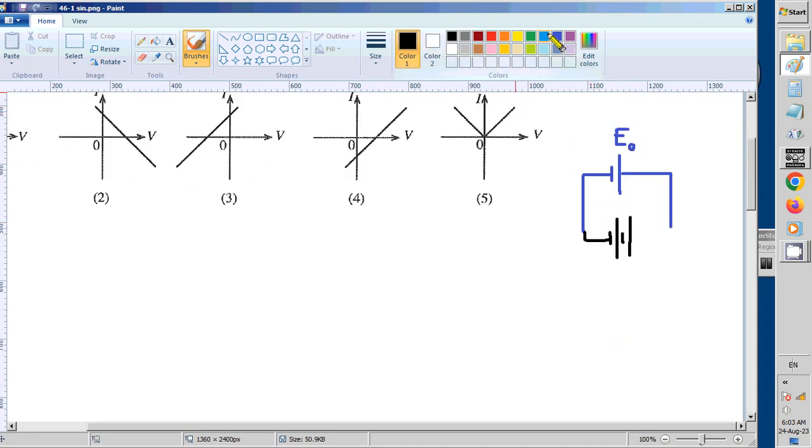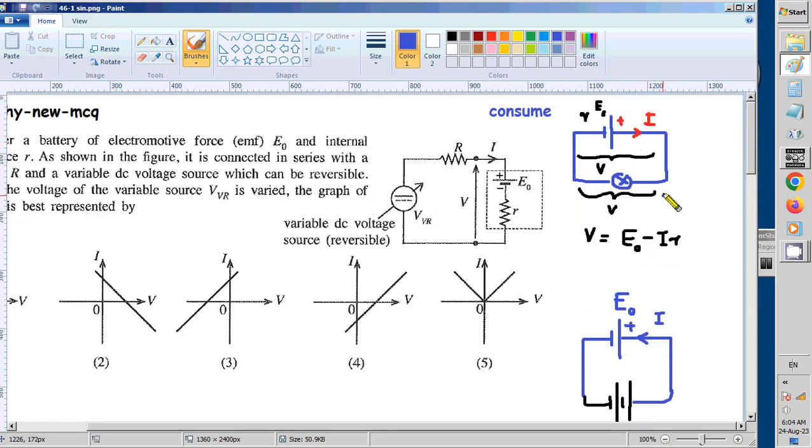Then if we want to charge this battery, we have to connect a bigger battery whose voltage is greater than this E naught. So say E2. When we charge the battery, the current flows into the battery from the positive plate like this, opposite to the earlier one.